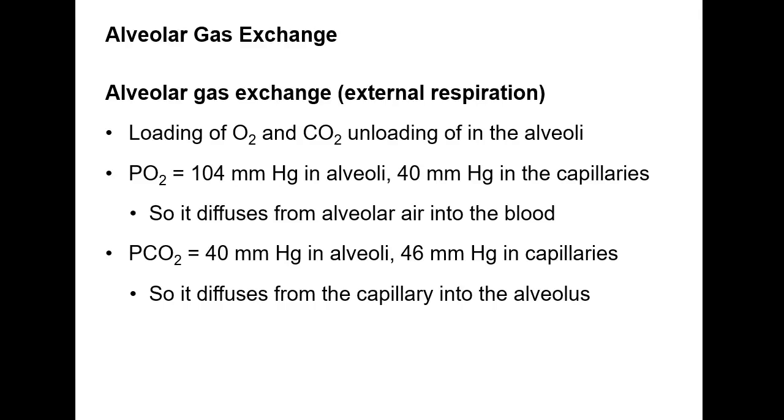When we look at the partial pressures in the air in the alveoli versus the partial pressure of oxygen in the blood, we can see that it's much higher in the alveoli whenever we are inhaling and bringing that air in. The partial pressure of oxygen in the alveoli is around 104. It's only 40 in the capillaries. So that oxygen is going to diffuse from the alveoli into the blood capillaries.